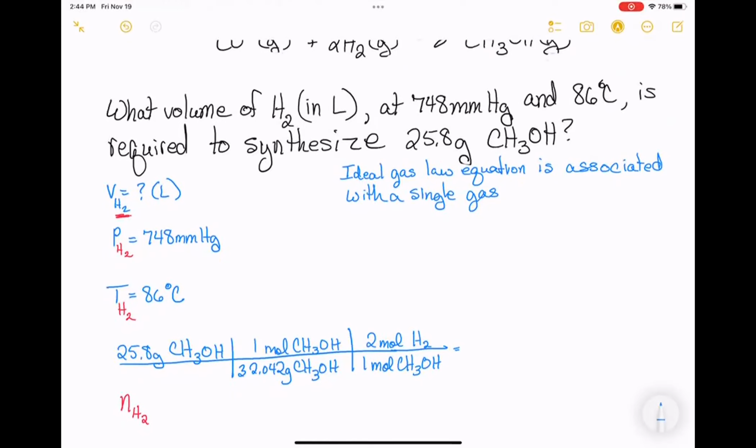So in other words, we have 1.61 moles of hydrogen that is associated with this reaction if we want to form 25.8 grams of methanol.